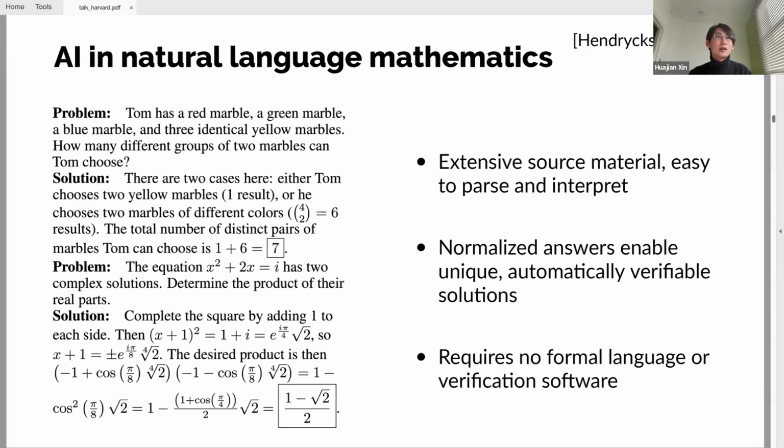For example, the answer of the solution is within this box. And we can see that this is simple in extraction, use, and evaluation. And this has contributed to its popularity.